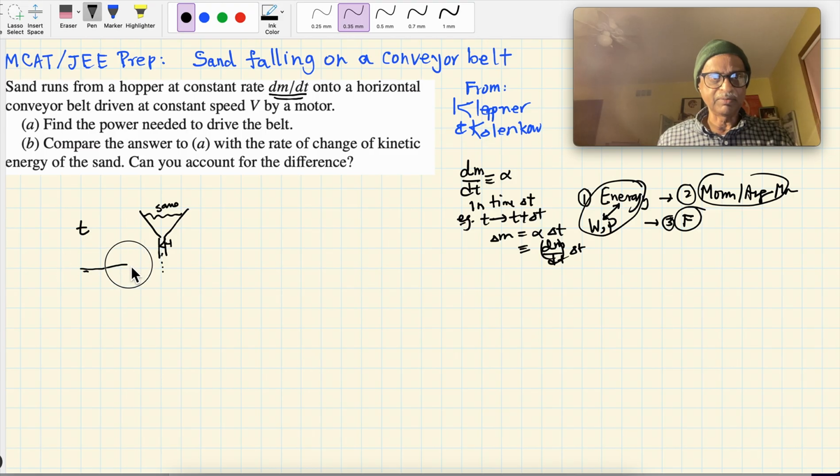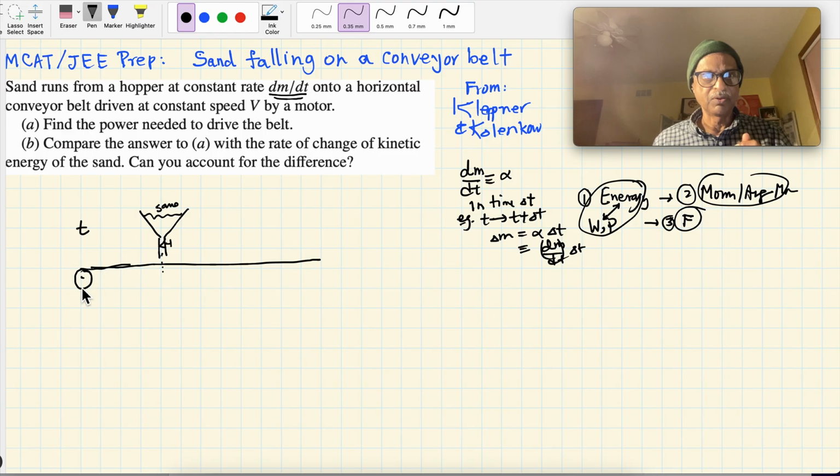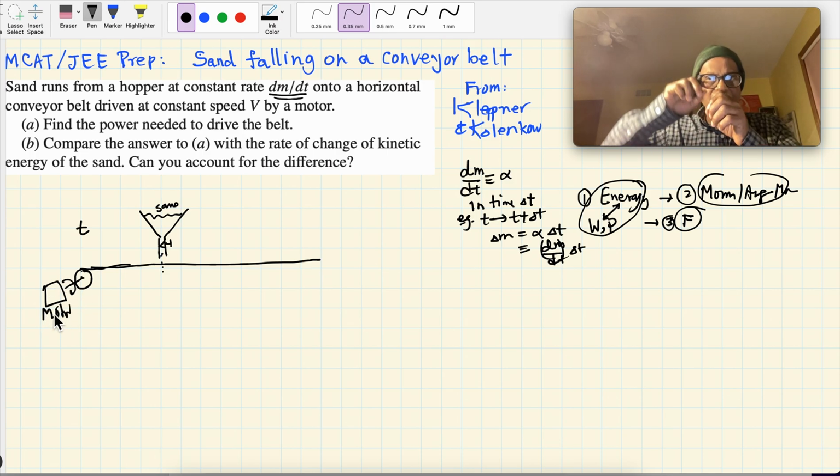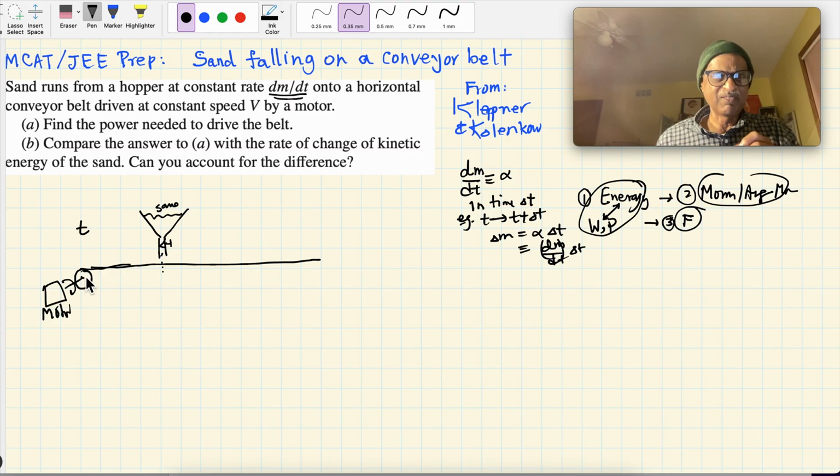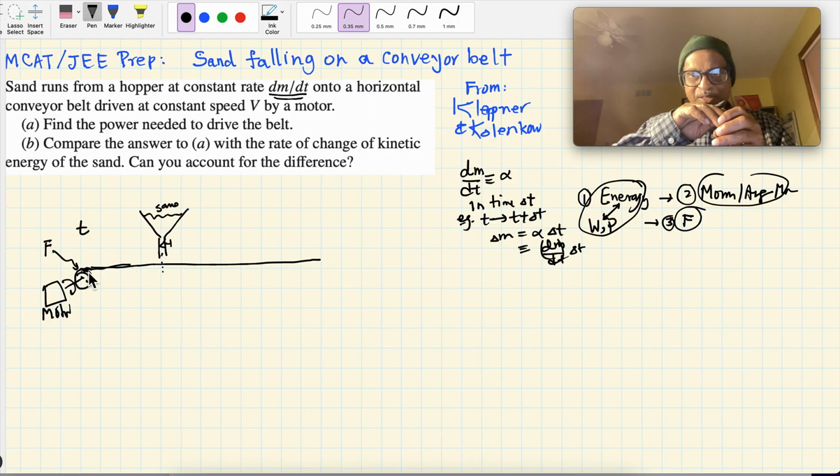You have a conveyor belt, and this is a roller, and there is a motor here which rotates the roller, and there is a friction here, so there is some kind of frictional force, and it has to be static friction to roll it, right?